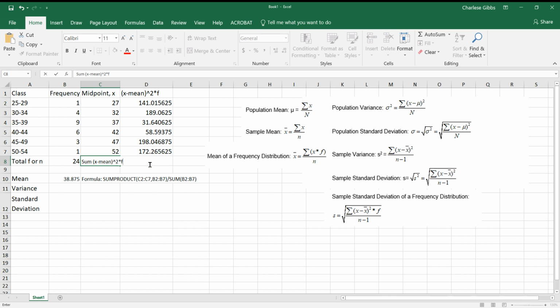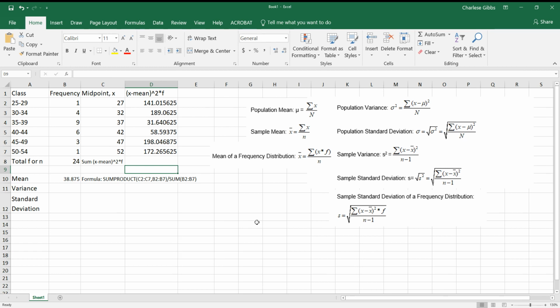I'm going to sum it because I need the sum according to the sigma symbol. So I'm going to type equal sum, parentheses, all of these numbers. I'll pause that.